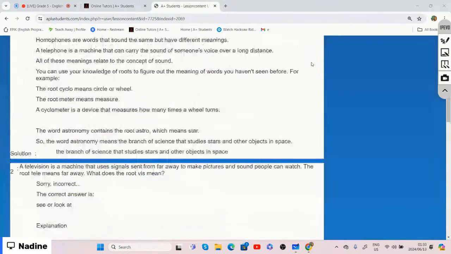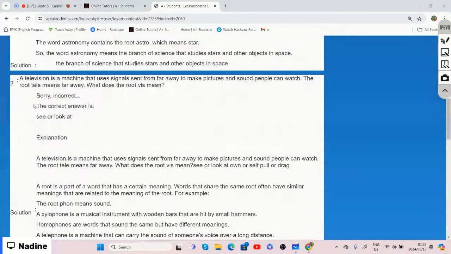All right. Let's look at one more example and then we're going to our test. It says a television is a machine that uses signals sent from far away to make pictures and sound people can watch.